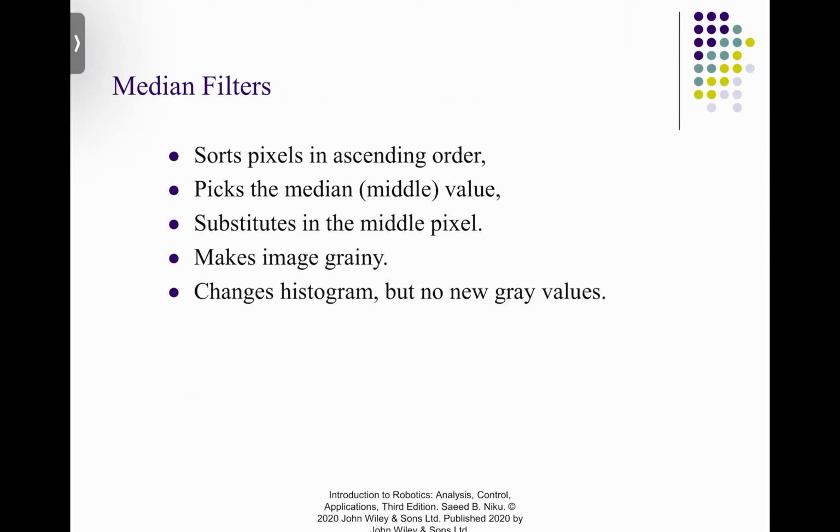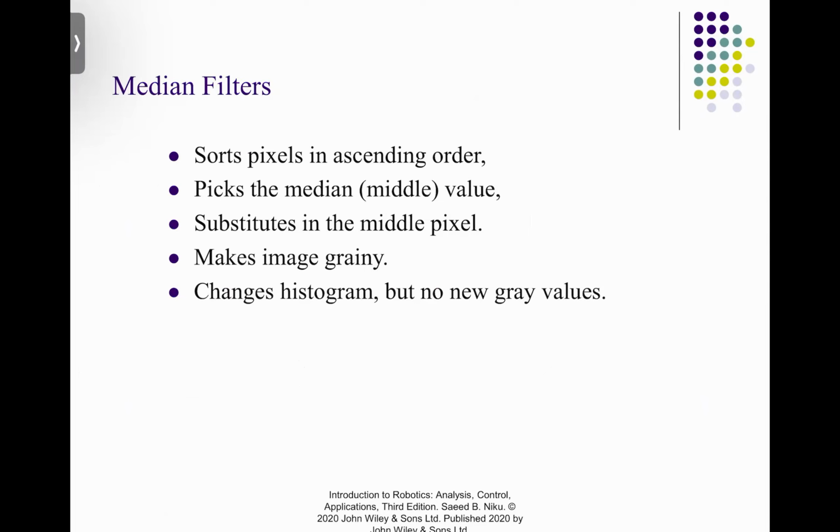Then there is this concept of the median filter. What is the median filter? You have a series of data, you arrange the data from the lowest value to the highest value, and then you pick the median, which is the value at the center of that series.